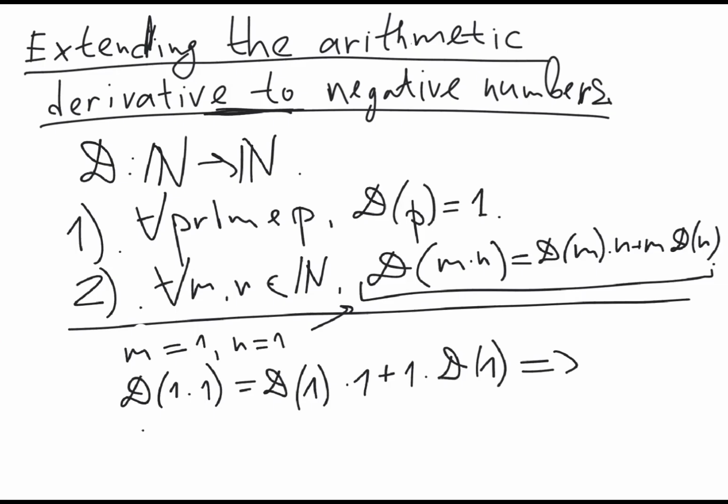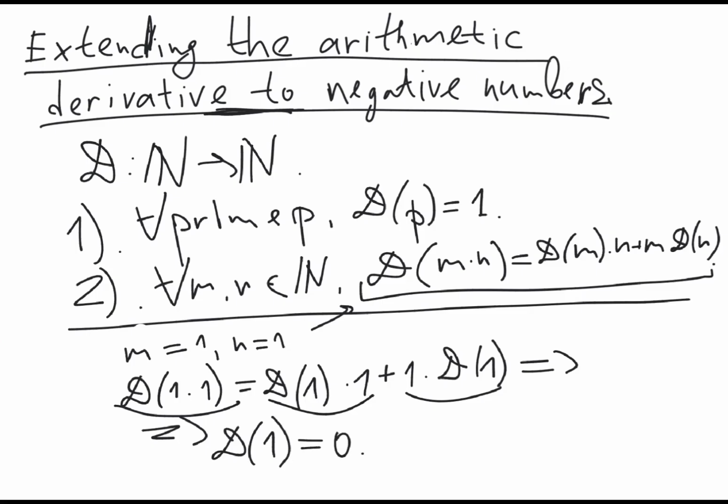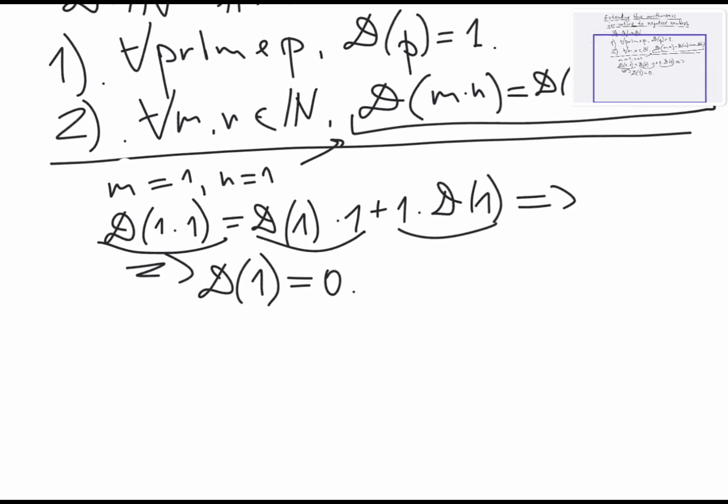So from this we conclude that this is d of 1, this is d of 1, and this is d of 1. If we move everything to the right hand side, d of 1 is equal to 0.